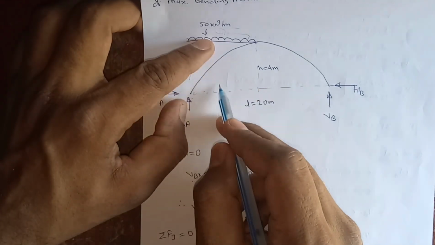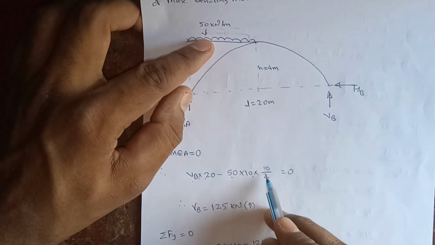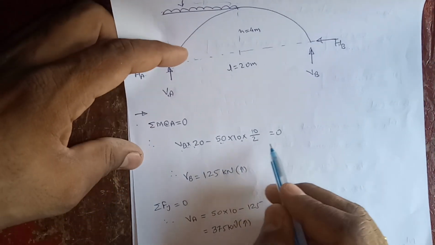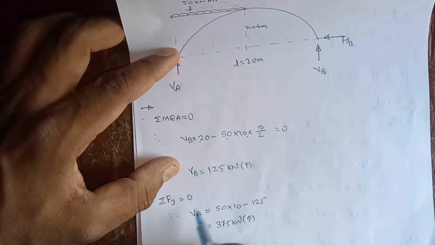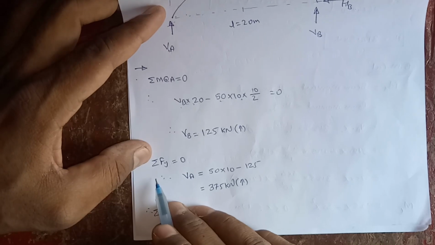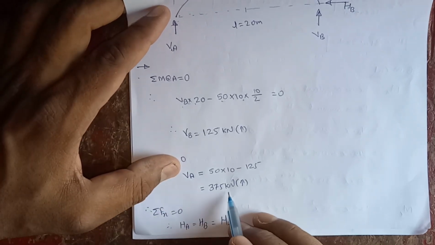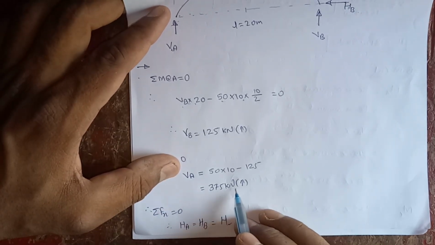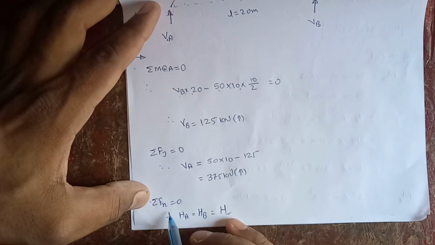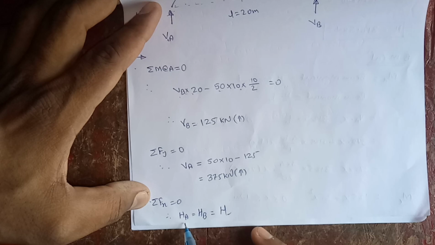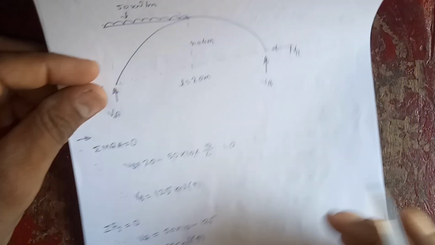You can assume that it will act at a distance of 10 by 2. And you equate it to 0. So we'll get VB equal to 125 kilonewton. Then if you use the second condition, summation Fy equal to 0, VA we can calculate as 375 kilonewton upward. Now if you use the third condition, summation Fx equal to 0, then HA equals HB equals H.